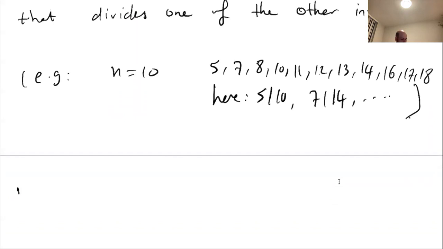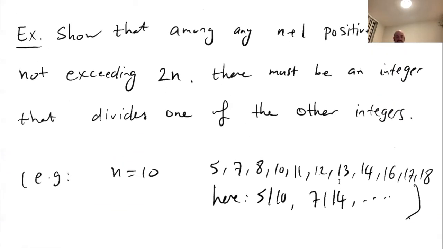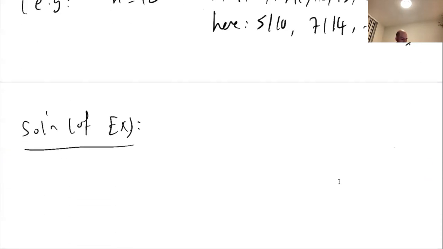So let's see how we can write the solution of the example. We have n+1 positive integers, since it says among any n+1 positive integers. So let's give names to them. Let's call them a1, a2 to an+1.